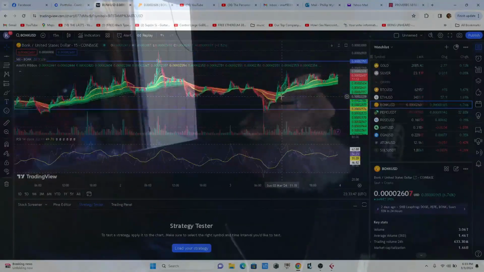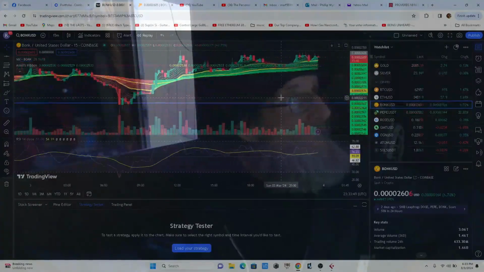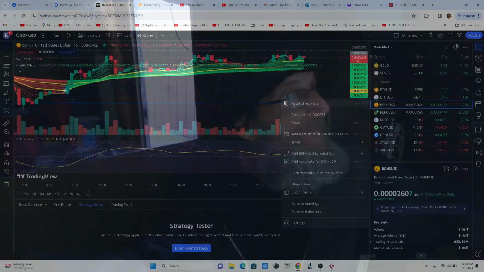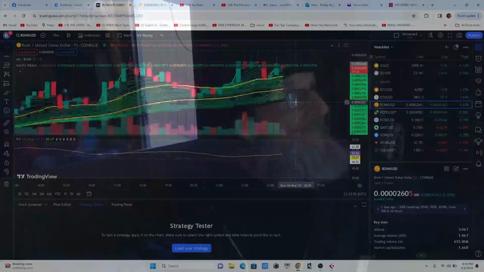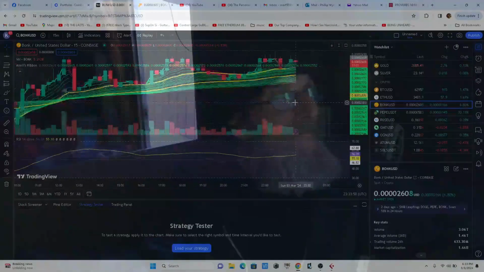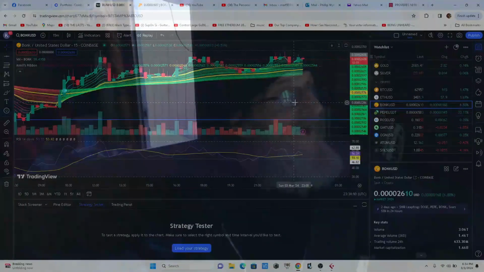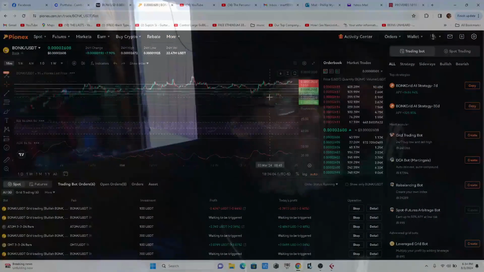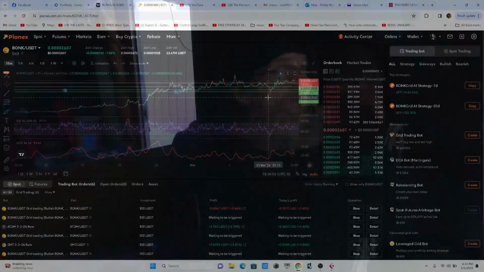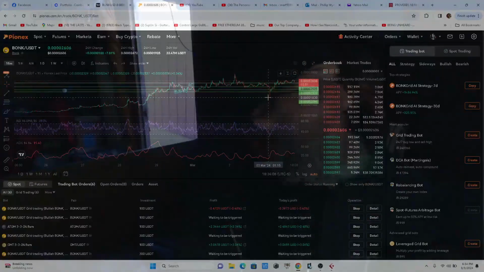So what I do is I look at the trend lines. Alright? We'll go over here on this chart. It's a lot easier to see. I draw these lines right here.